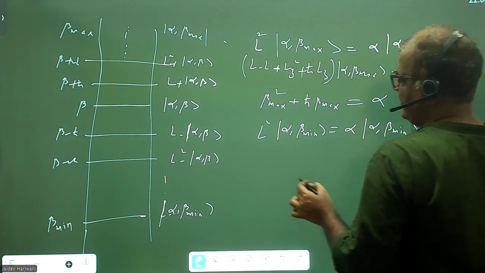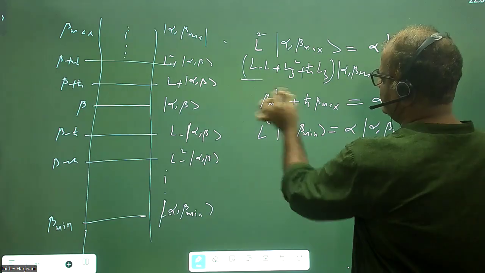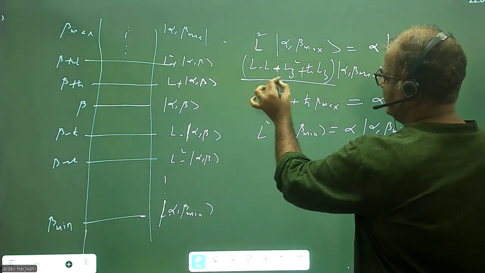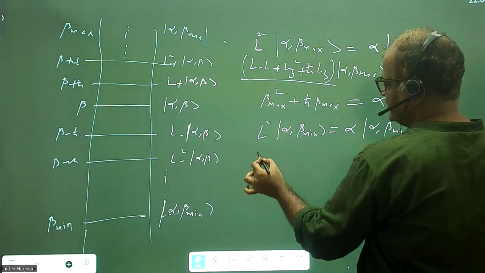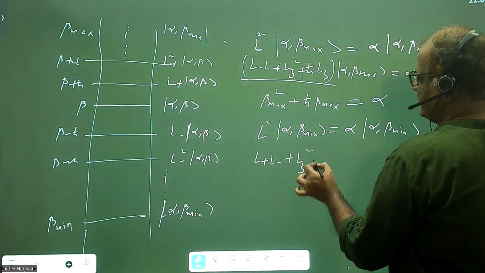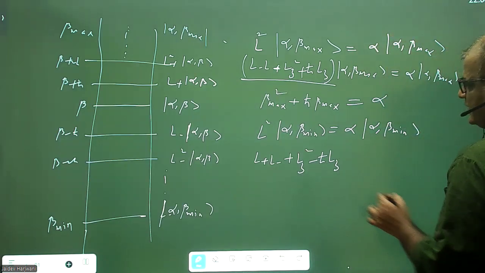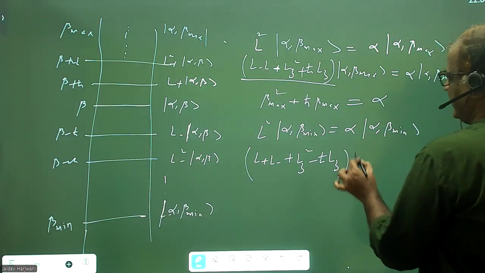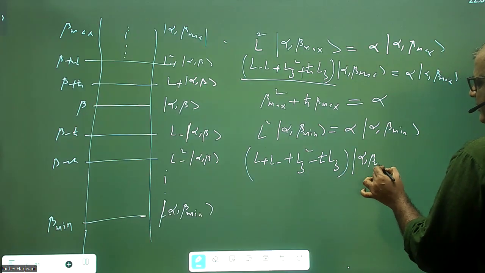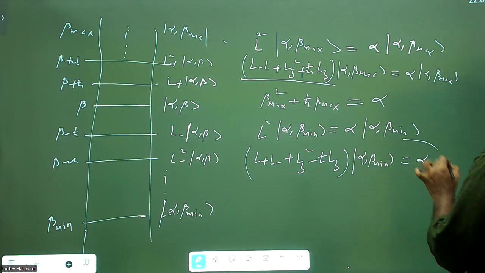Okay. Now if I write L square in this form, instead of L minus L plus, I write L plus L minus. So this becomes L plus L minus plus Lz square minus h cut Lz. This will operate on alpha beta minimum, and this is equal to alpha, same as here.